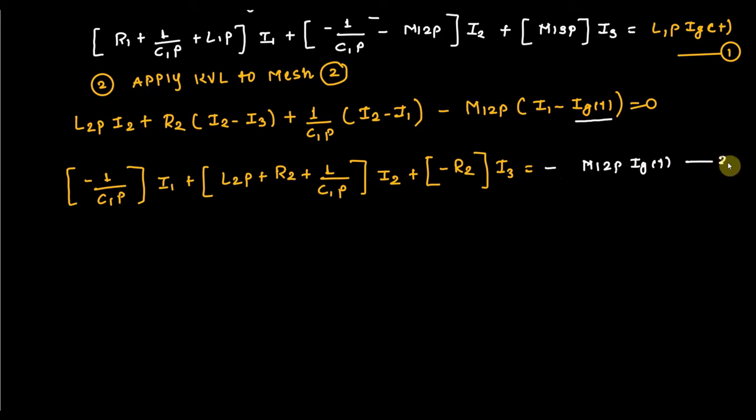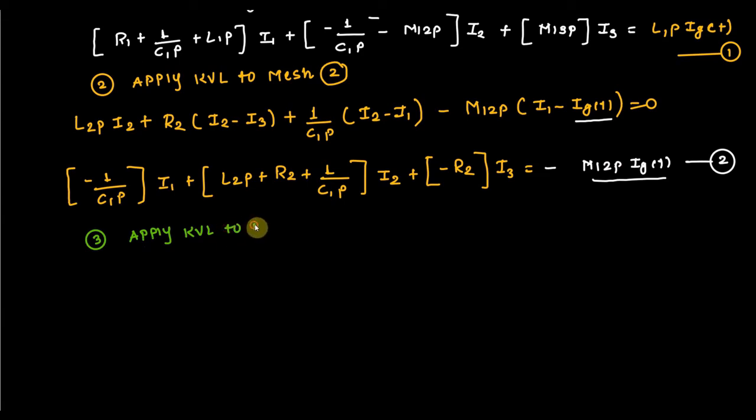Fine. And this will become your equation number 2. So whatever the Ig terms we have considered, that is the dummy mesh, we have to transfer to the right side. Fine.